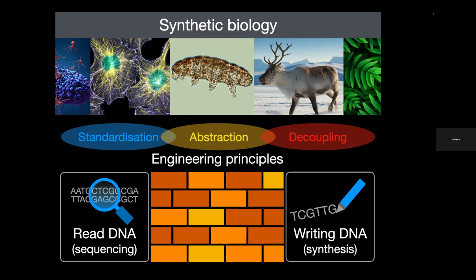But the other really important one is technology that allows us to write DNA. So this is from the 80s, the chemistry that we use nowadays, and it's been progressively refined, I would say. We're still using quite an old technique, but there are some really interesting new techniques for writing bigger and bigger pieces of DNA.